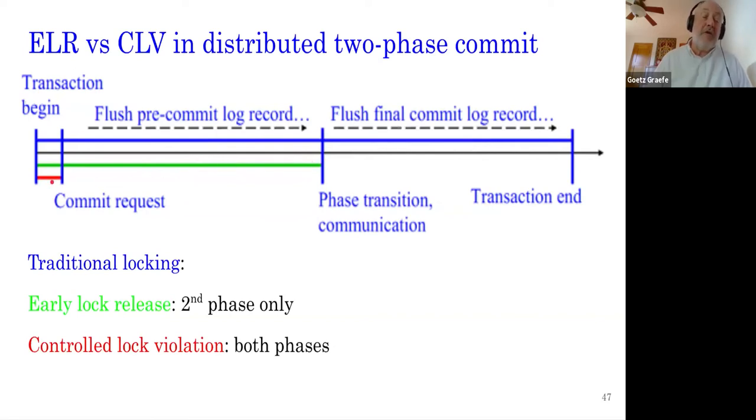But with controlled lock violation, you can actually not release the lock, but let others violate it, let others read recently updated stuff immediately after the application logic is complete. And so the lock would be weak during both the logging and communication phases.